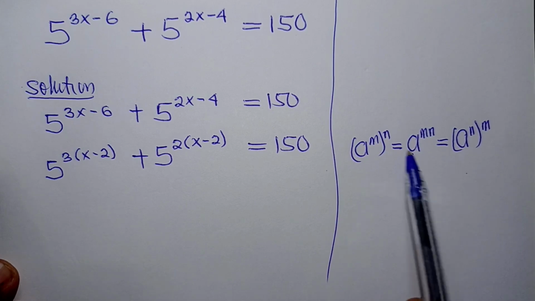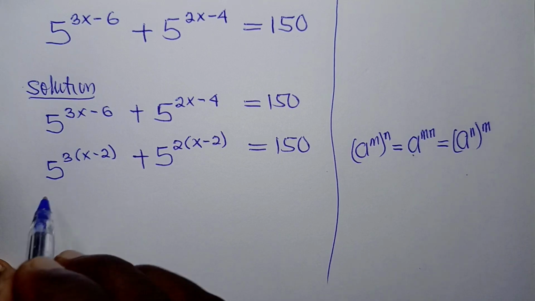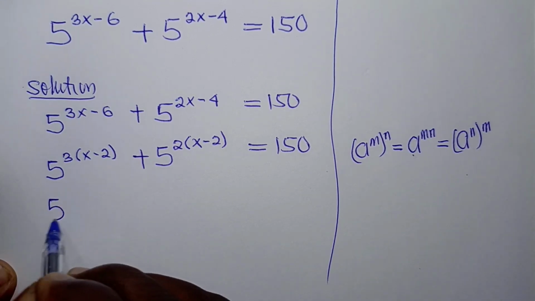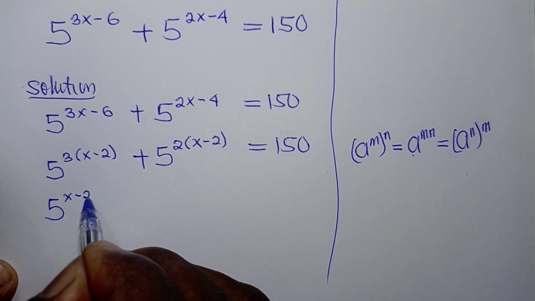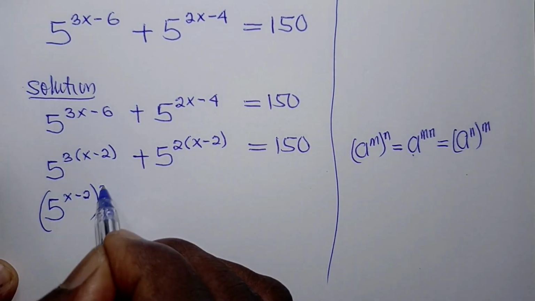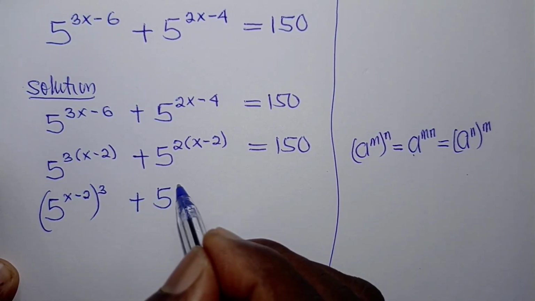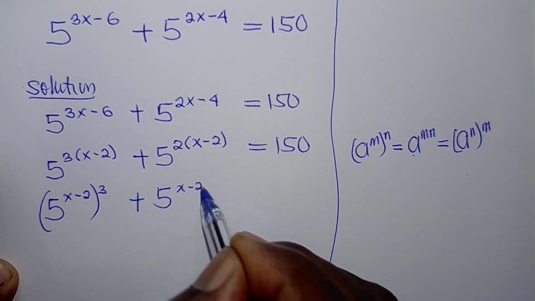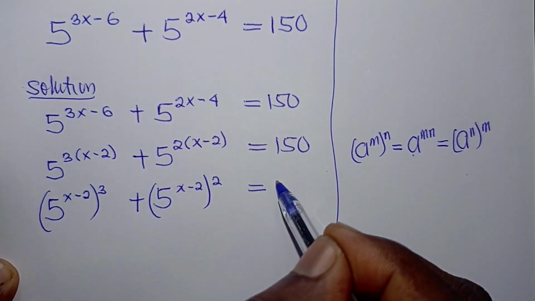So applying that, we can have 5 raised to the power x minus 2, all raised to the power 3, plus 5 raised to the power x minus 2, all raised to the power 2, and that equals 150.